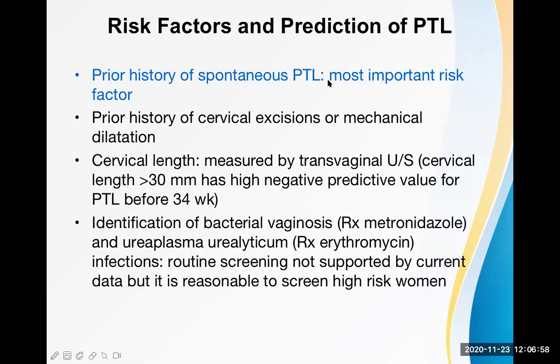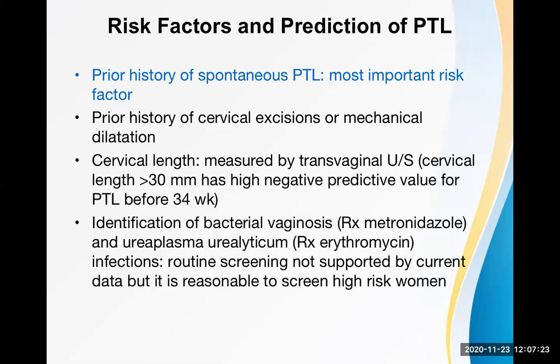It can occur because of incompetent cervix, or because of so many other causes which we have just listed. A prior history of cervical excision or mechanical dilation can be a risk factor because of the damage done to the cervix. That cervix keeps on remaining open. The cervix is not that tough now.